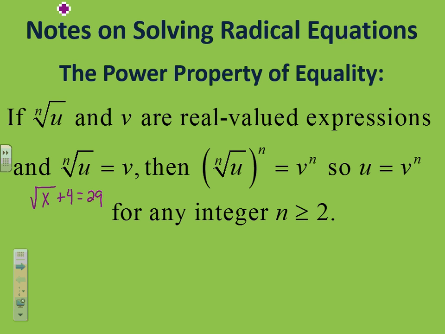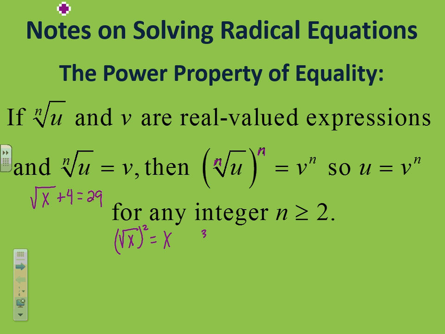Now, because it is a square root value, that means we have to know how to undo it. That's kind of what we're being shown here on this slide: whatever the value here is, we're going to undo it by squaring it. Like the square root of x squared is just x.